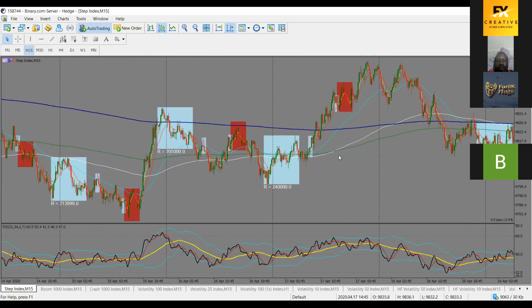We are on Step Index. Here you can see we have a type 1 London pattern forming at the 200 EMA. Can you see that? Then here we've got a type 3 London pattern.